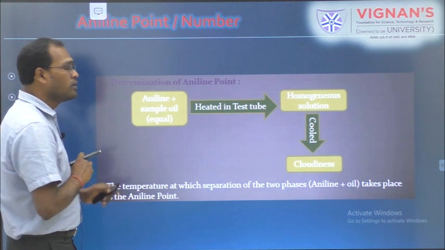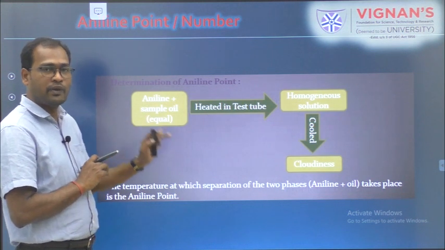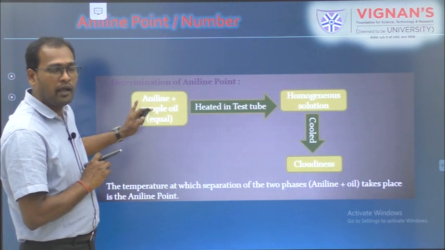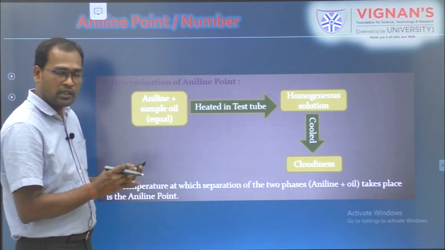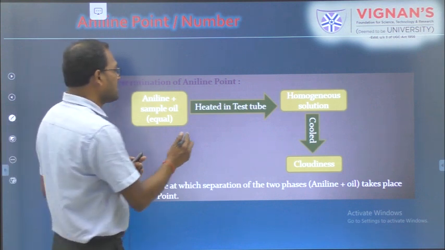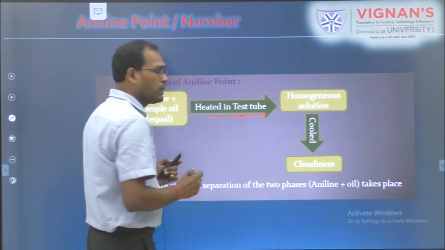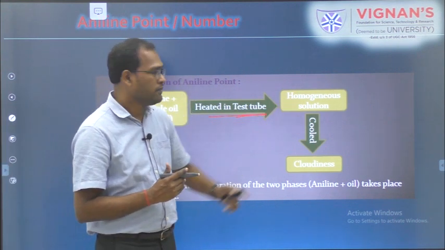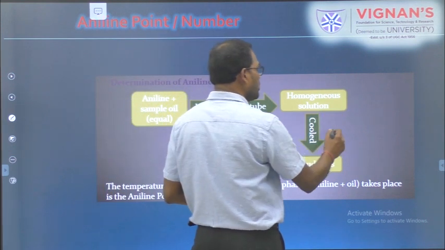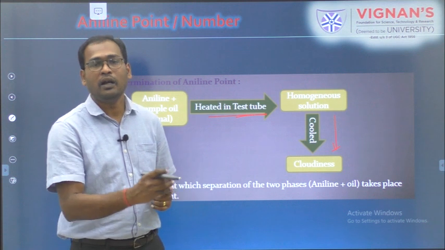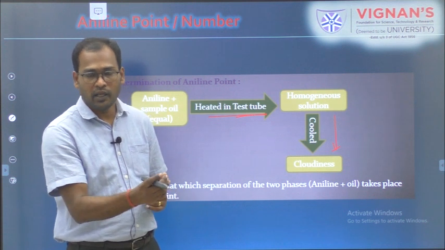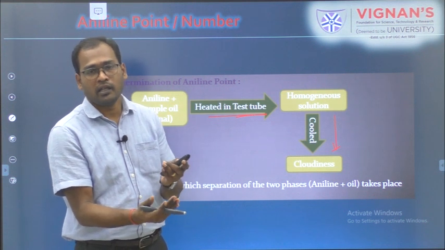So how is it determined? It's very simple. Aniline and the oil, taken in equal proportions, are mixed together and slightly heated in order to get a homogeneous solution, and this homogeneous solution is cooled. While cooling, at one point it starts clouding and then separating.